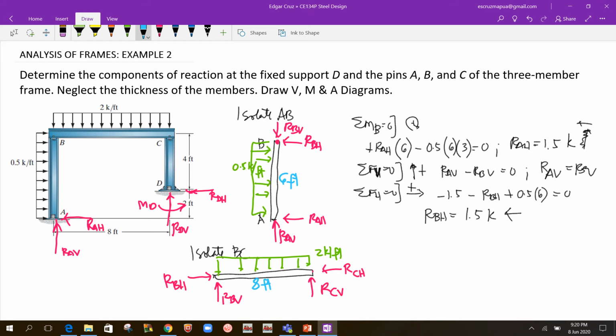Ayan, so from there we could apply statics pa rin. Alam naman natin antimano yung RBH, no? So yung RBH na solve na natin kanina, which is equal to 1.5. So this is already 1.5.